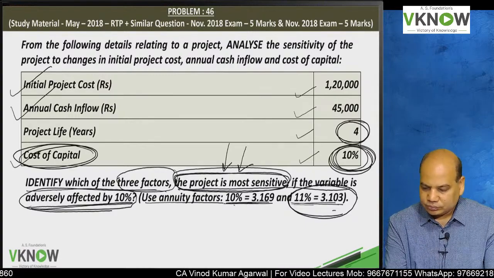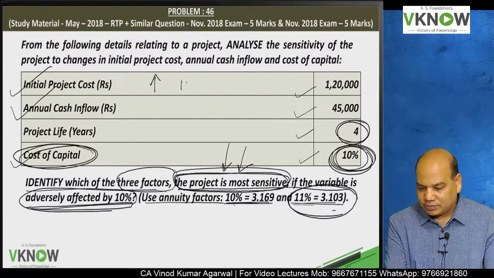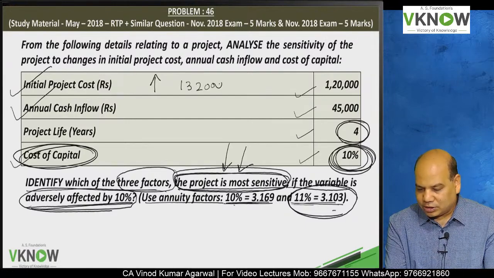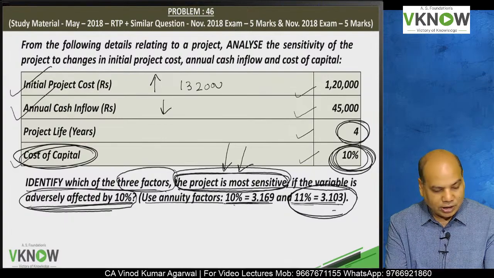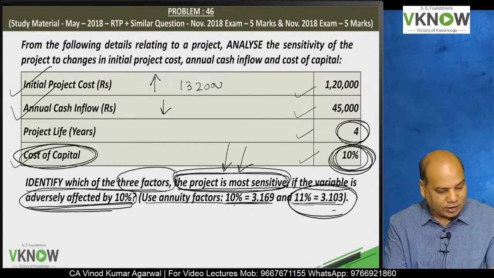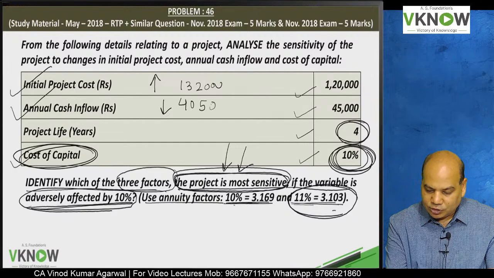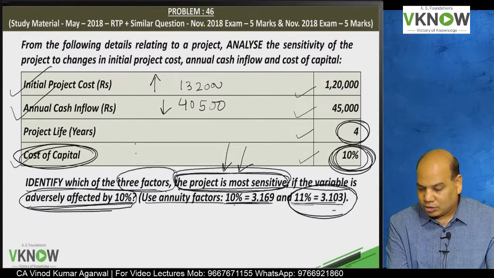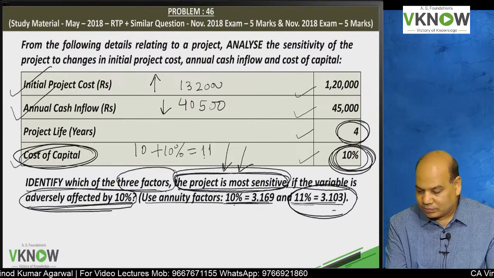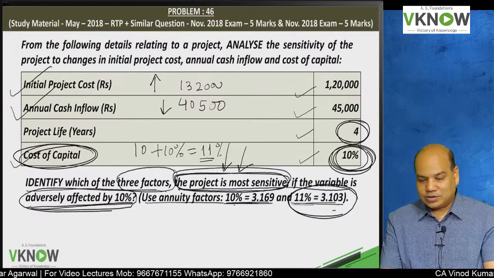Okay. So initial project cost can go up by 10%. It will become 1,32,000. Annual cash flow can reduce by 10%. If annual cash flow reduces by 10%, it will become 40,500. And cost of capital, if it increases by 10%, will take 11, not 20. Don't take 10 plus 10.